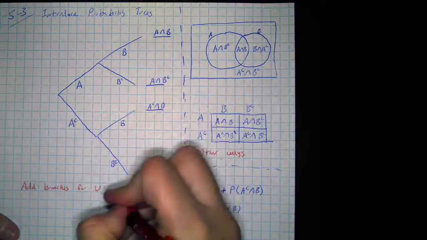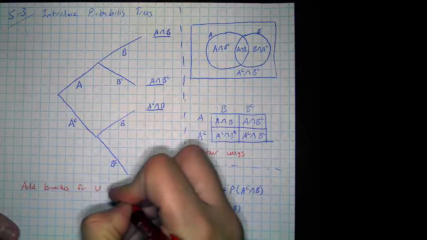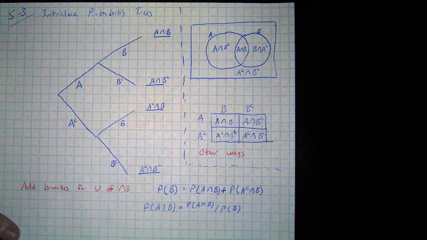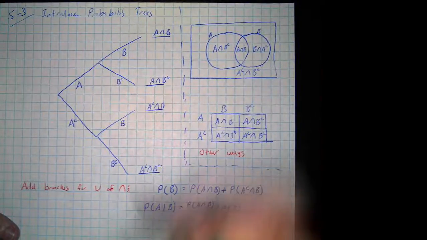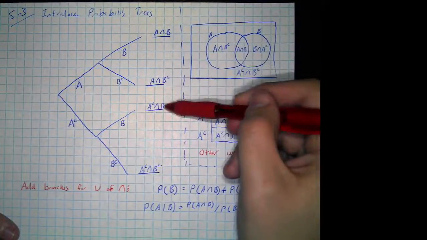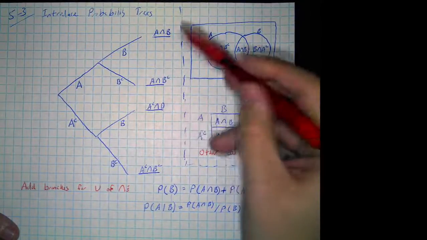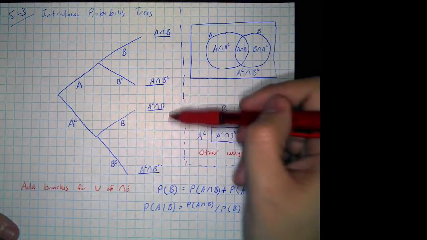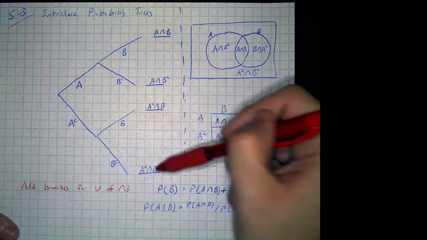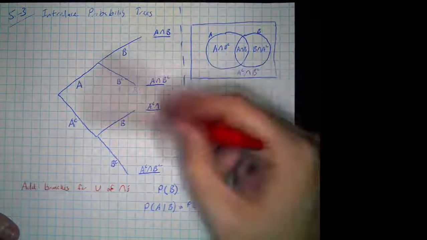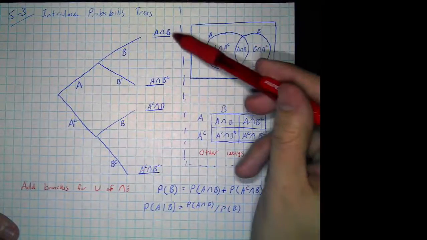For the or of, let's put or of ands, so we are very clear. The only thing you're adding are these pieces right here. If you need to make a note to yourself on your notes, it's fine. The only thing you add are these pieces right here. Those numbers all over this tree.